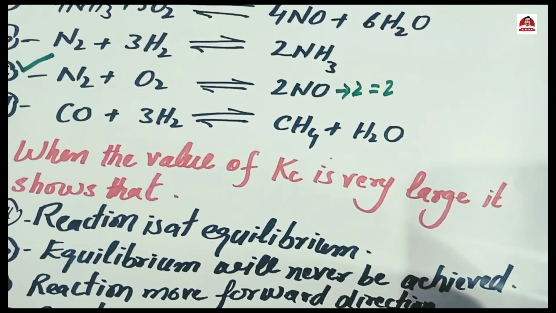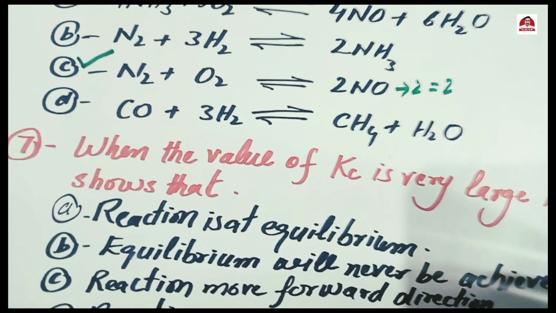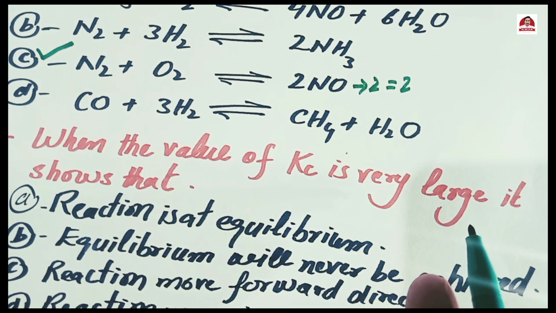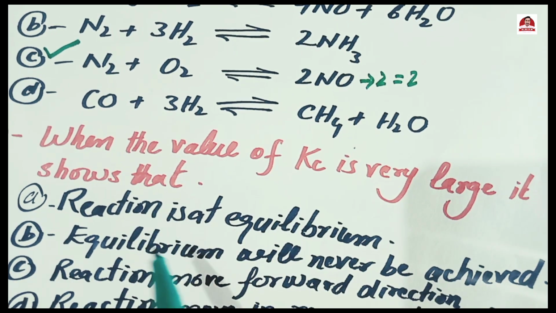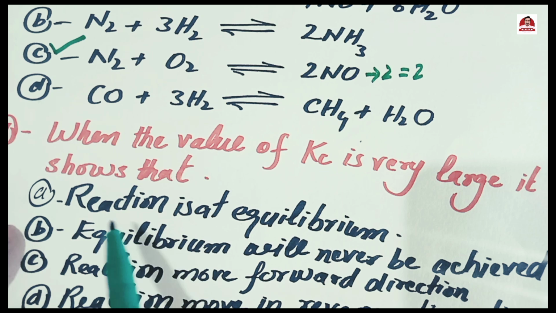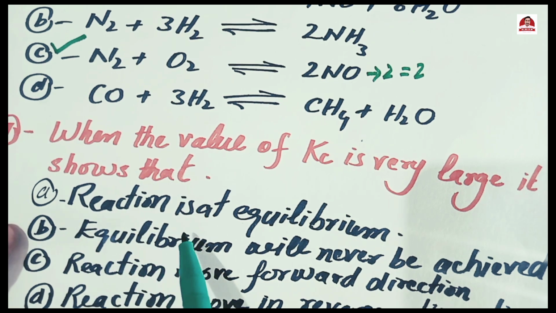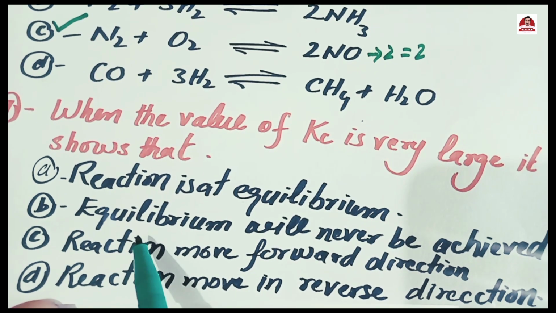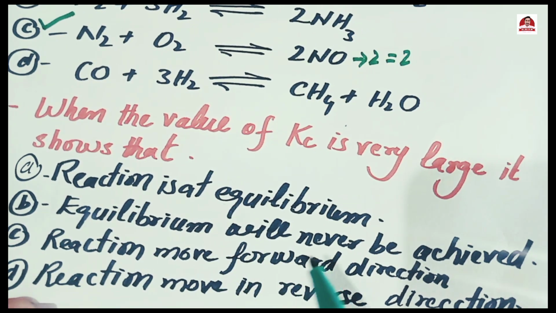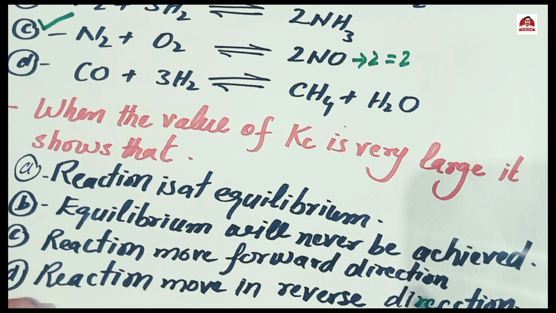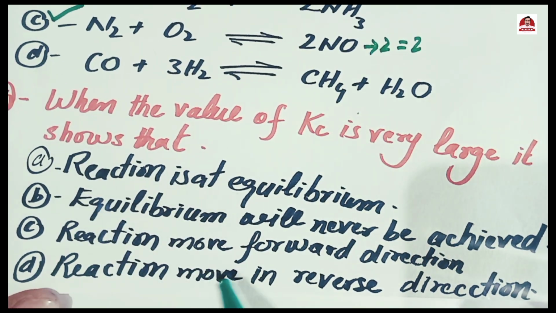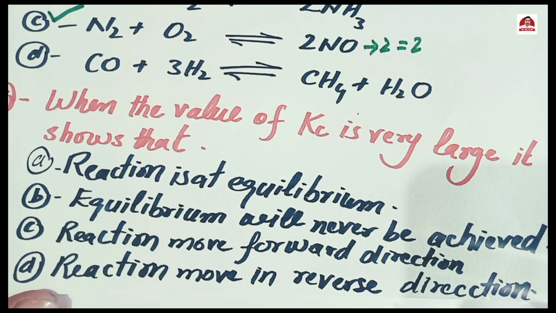Next question, question number 7. When the value of Kc is very large, it shows that: option A, reaction is at equilibrium. Option B, equilibrium will never be achieved. Option C, reaction moves in the forward direction.